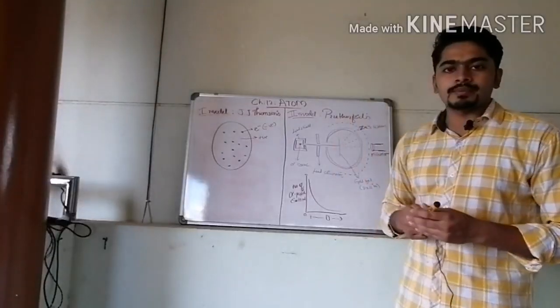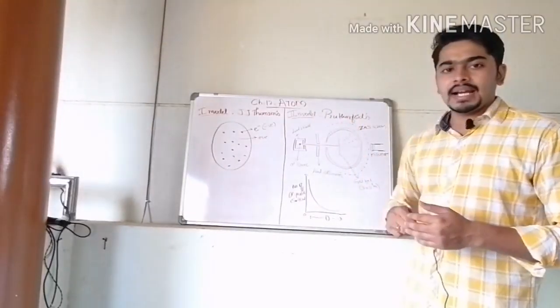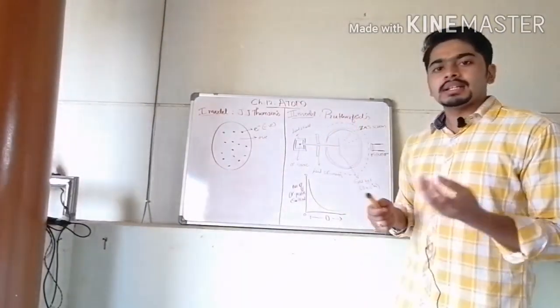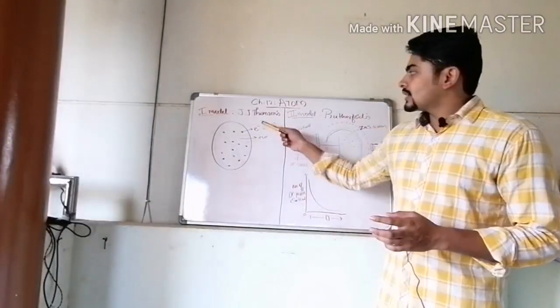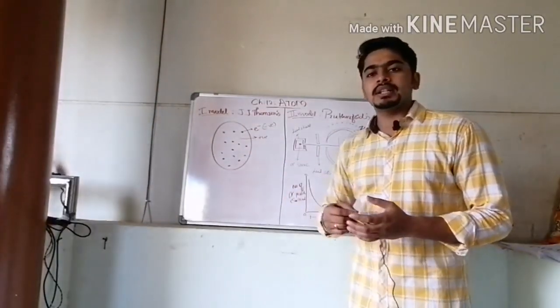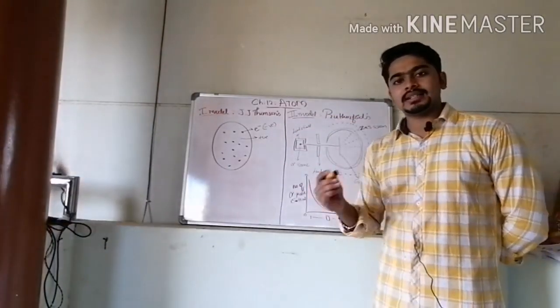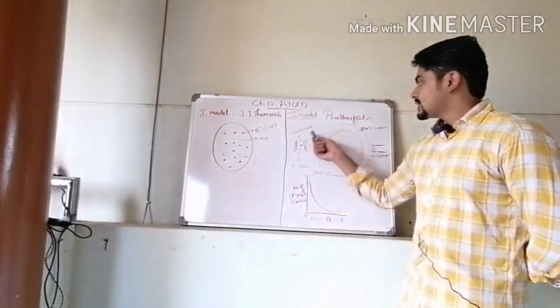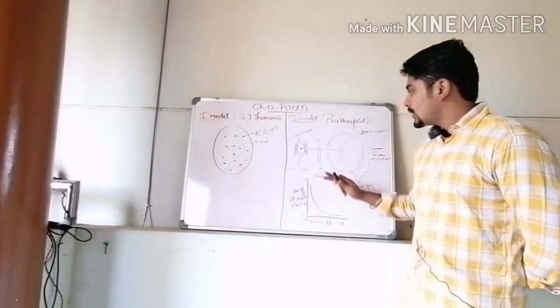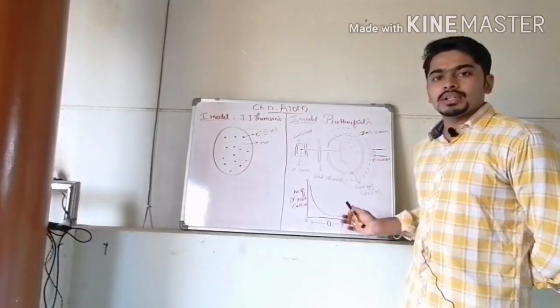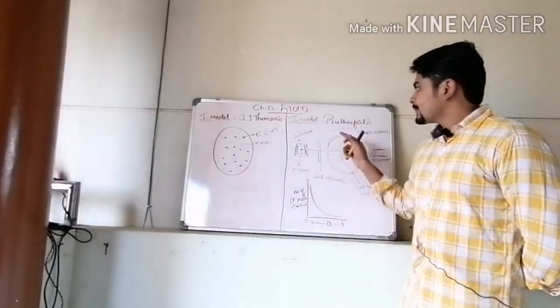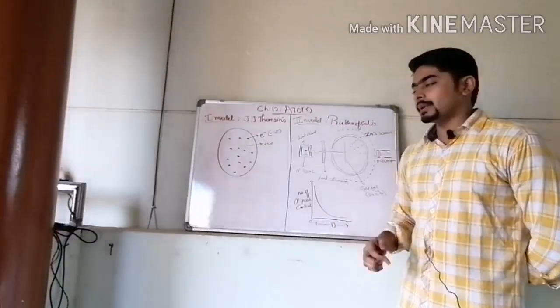So in the second model of an atom, Rutherford, Geiger and Marsden continued the study of J.J. Thomson, and with the help of the alpha particle scattering experiment, gave the structure of atom. I have drawn the experimental setup of Rutherford's alpha scattering experiment.